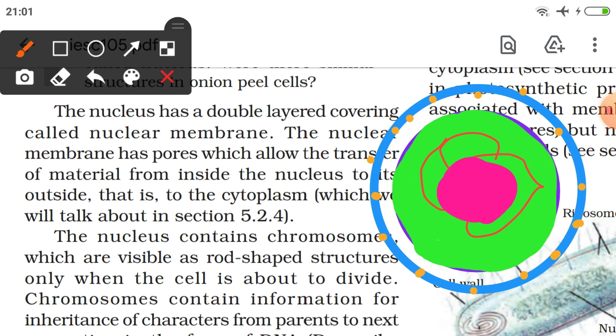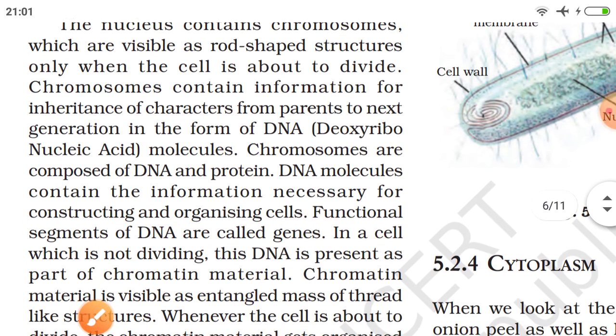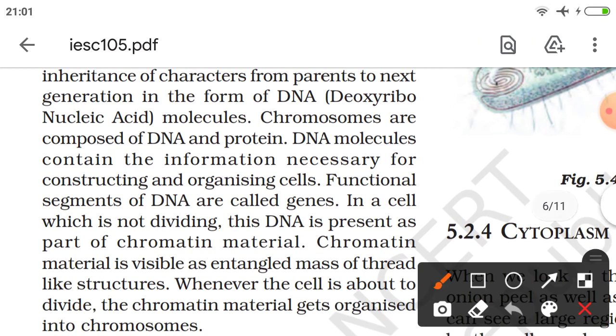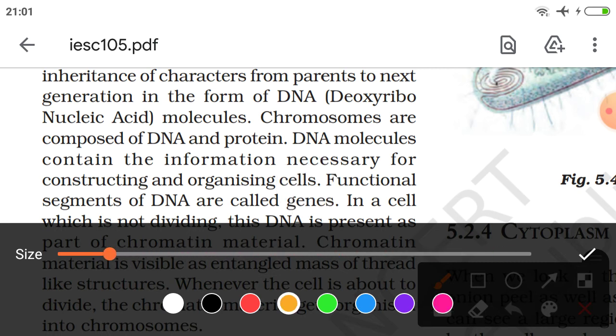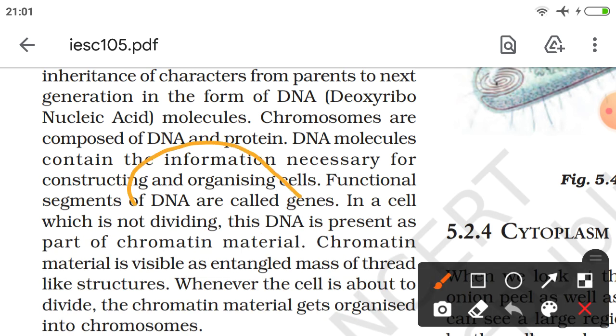Nucleolus. Nucleolus contains RNA and DNA. So let me draw the DNA also. DNA, full form of DNA is deoxyribonucleic acid. So I hope you are able to see the DNA. So here is your DNA.